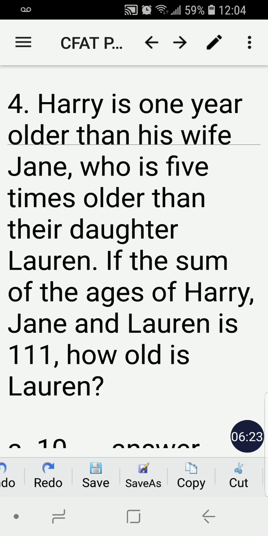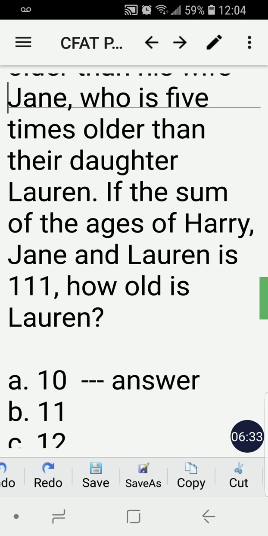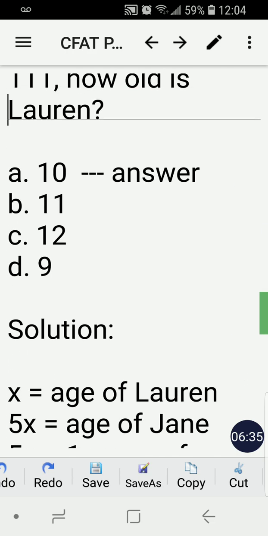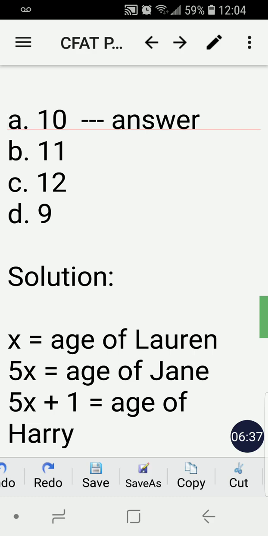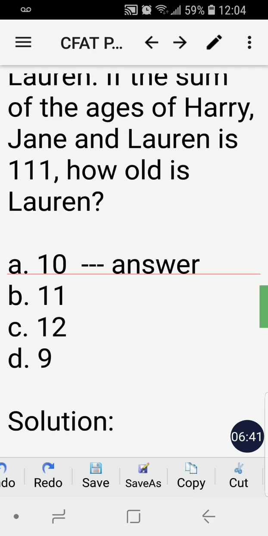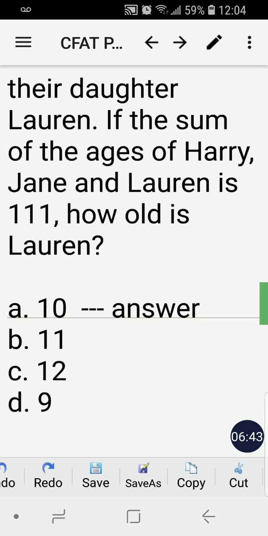So just by reading the question, we know that Lauren should have the smallest age because she is the child. Here are the choices, and the correct answer is 10.